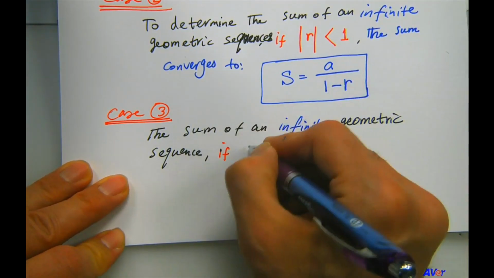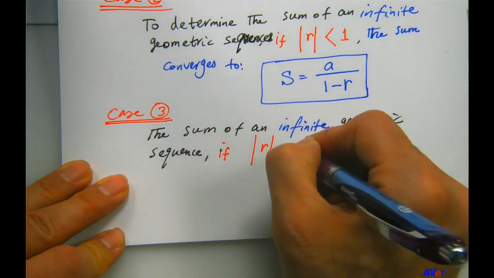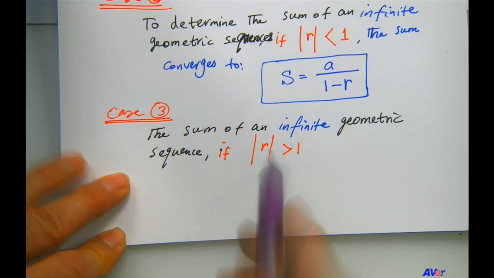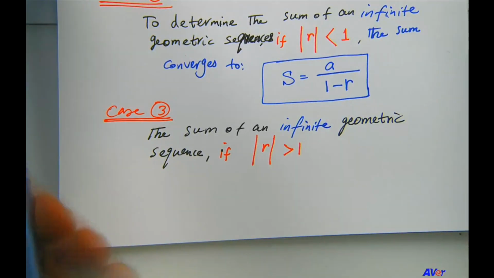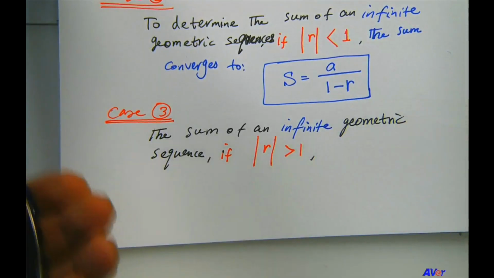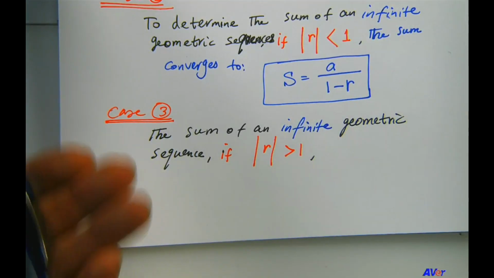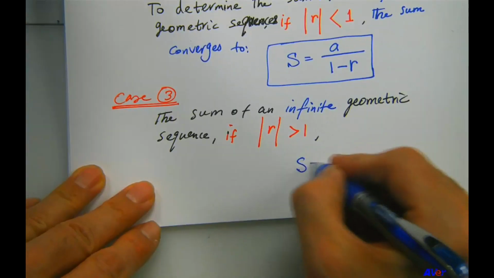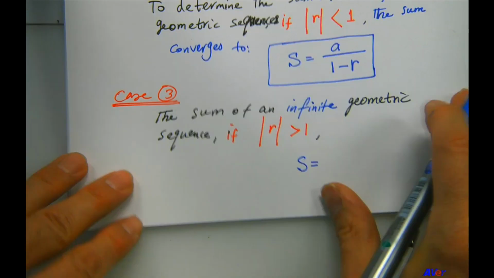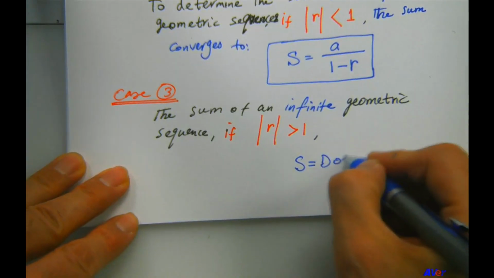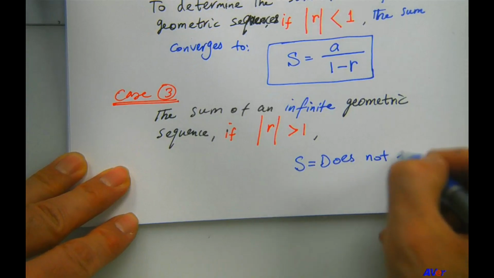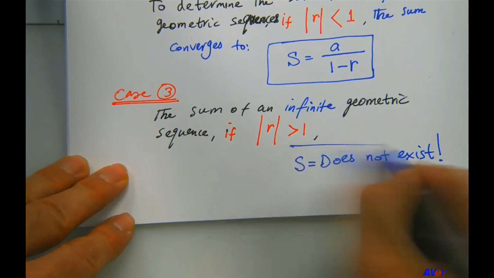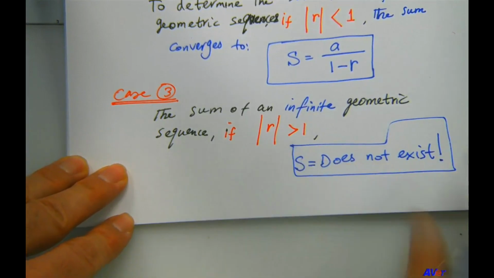So if absolute value of r is greater than 1, the sum of an infinite geometric sequence, if that's the case, does not exist. So there's no need for a formula for that.